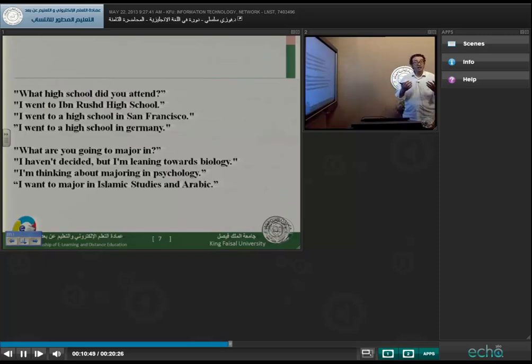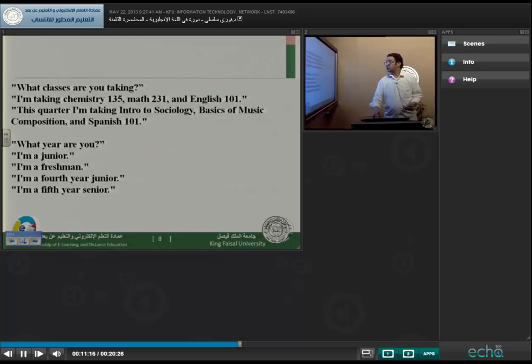I want to major in Islamic studies and Arabic. And students get to know each other. Oh, he's majoring in Islamic studies and Arabic. He's majoring in psychology. He's majoring in computer science, and so on and so forth.